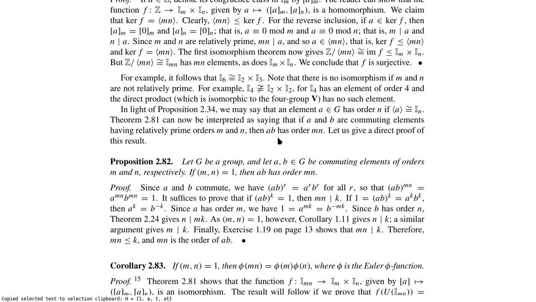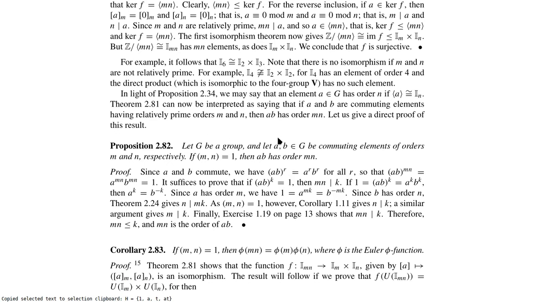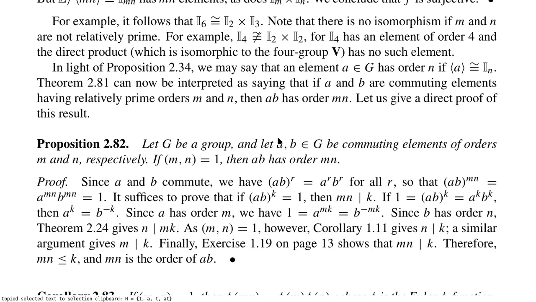Okay, that makes sense. The proof is pretty much straightforward, because you take the power of the product, because they commute. You can take it either way, and then compare it with the identity.